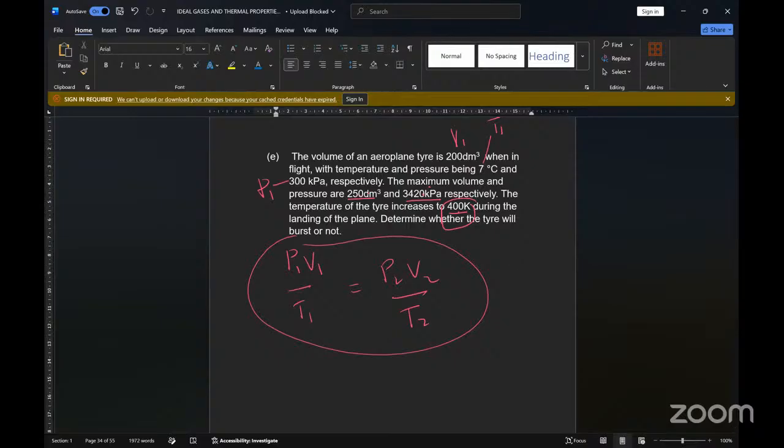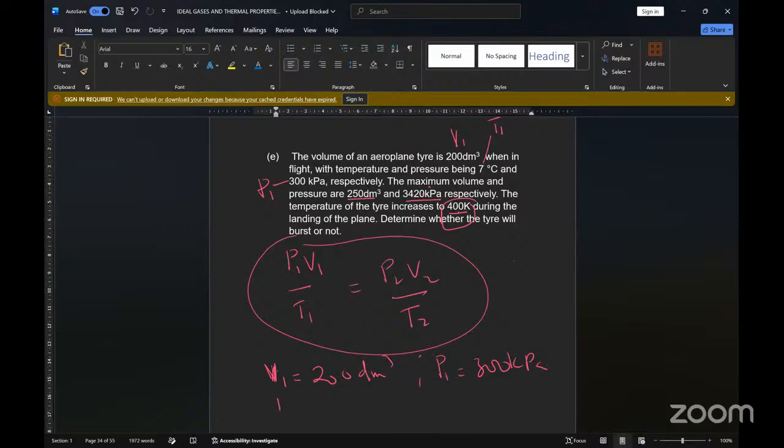Your V1. You can say our V1 for the tire is 200 decimeter cube. No need to change it. I said with this one, you don't change anything except the temperature. Our P1 here is 300 kilopascal.